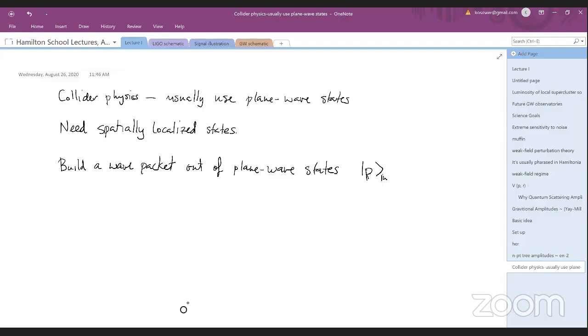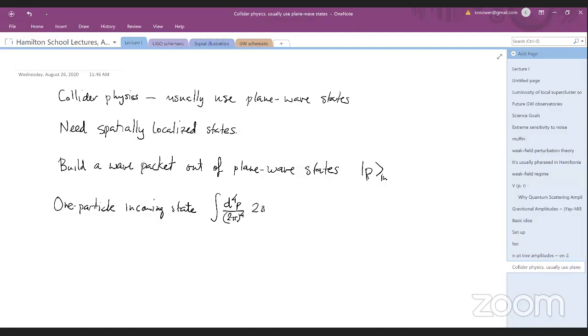And so the one particle state, we want this thing to represent an on-shell particle. So it's natural to build this out of an integration over on-shell states. So we can start to write down an integration over all momenta.